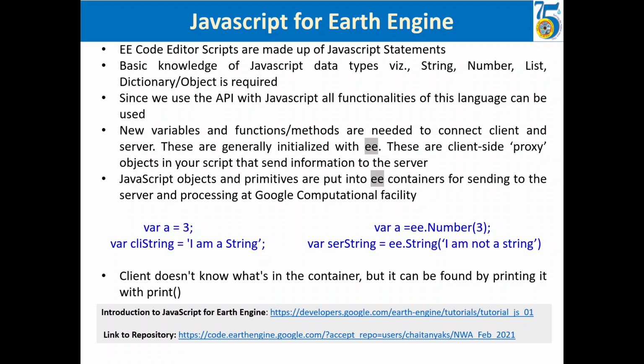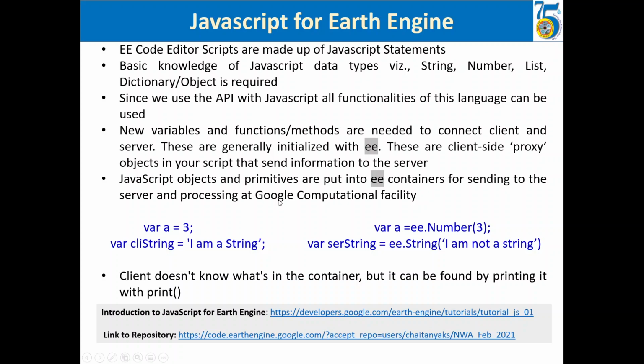Now since we use the application programming interface with JavaScript, all functionalities of this language can be used. However, in addition, you need new variables and new functions or methods which are needed to connect the client to the server. For connecting the client to the server, you need to use client-side proxy objects in your script.